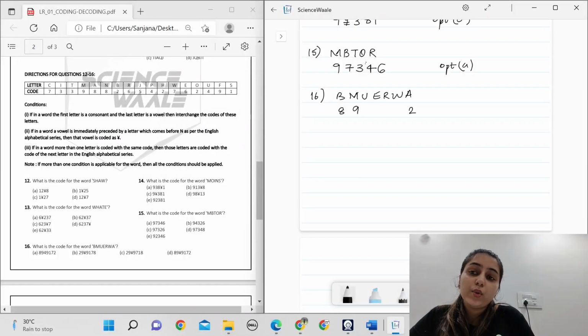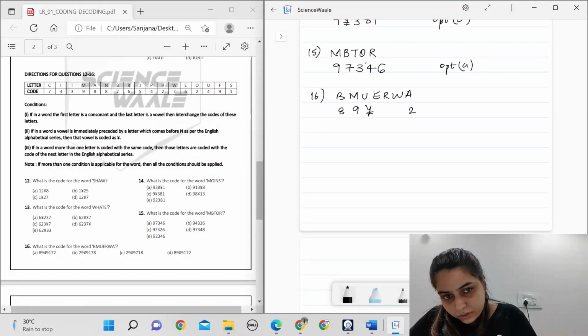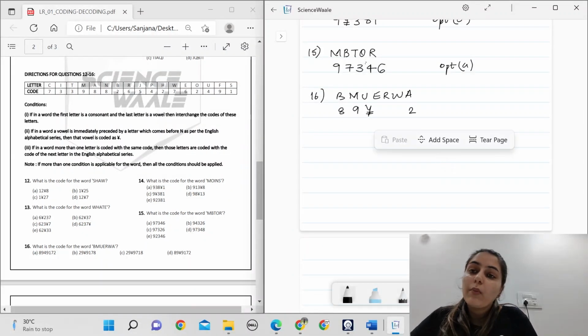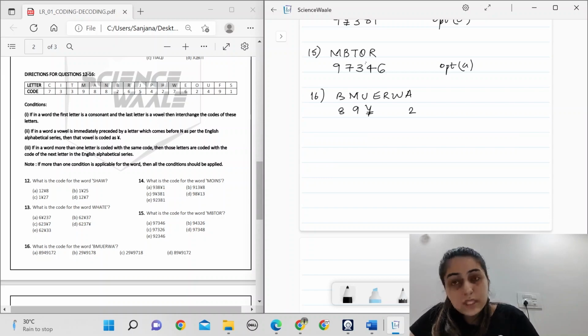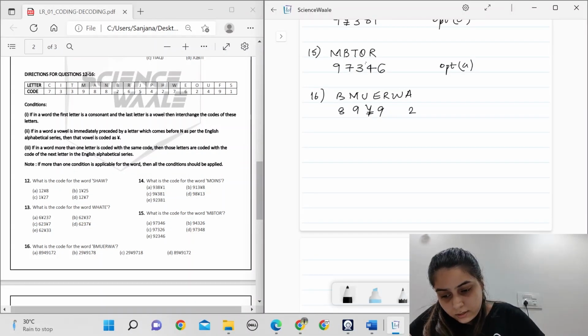Okay, so here U is a vowel, and the preceding letter to the vowel is M, which occurs before N. So that satisfies the second condition, and so here U will be coded as E. E is coded as 6, but since 6 occurs for many letters, we'll go to the third condition, and it says to follow the code of the succeeding letter. The succeeding letter of E is F. The code for F is 9, so it will be 9. R is 6.